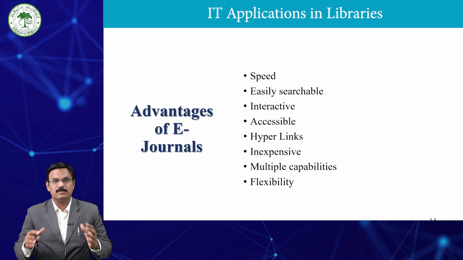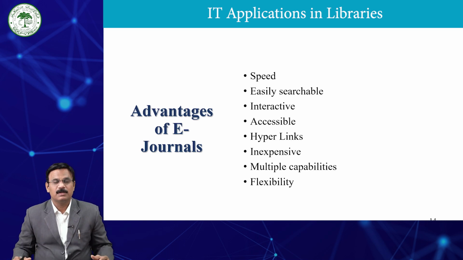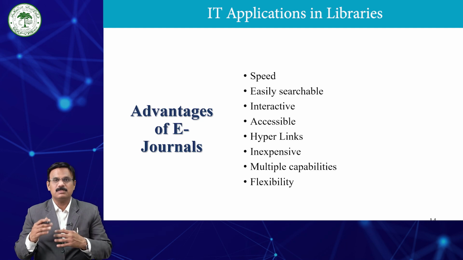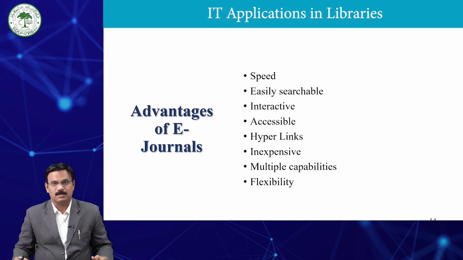And if a journal has references, and these references are generally hyperlinked, from those references you can easily access those research articles immediately. So this is another very important advantage of e-journals: hyperlinks. And it is inexpensive, with multiple capabilities and flexibility.